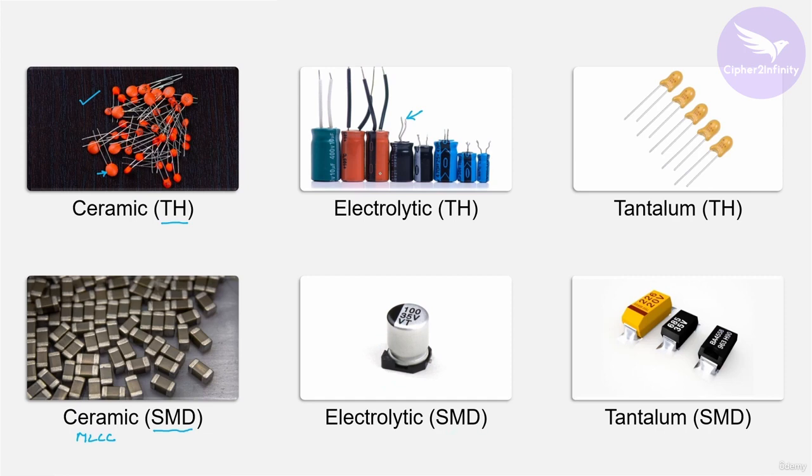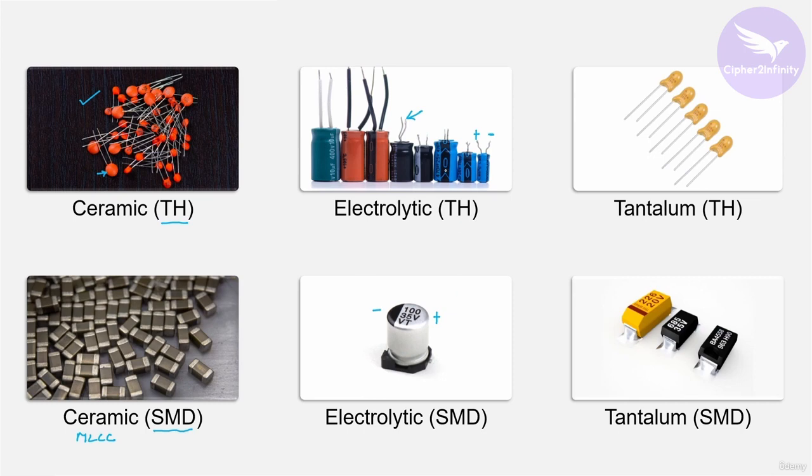And again, electrolytic capacitor has polarity, so it's going to have one terminal as positive and another terminal as negative. In the same way, for SMD electrolytic capacitor, one terminal will be negative and another terminal will be positive. Okay, so you can see here this black sign which indicates the negative terminal of this electrolytic SMD capacitor, and this one is the positive terminal.